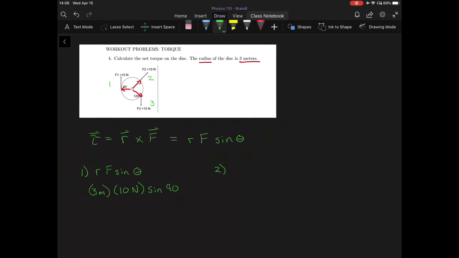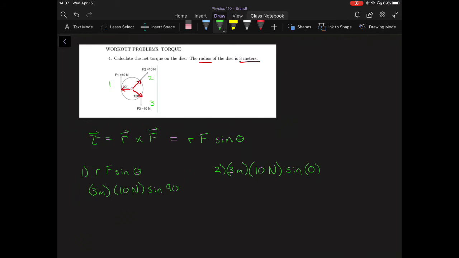For torque number 2, once again, RF sine theta. So R is 3 meters. Our force is 10 newtons, but our angle between those two is going to be 0 degrees because we are going in the same direction.